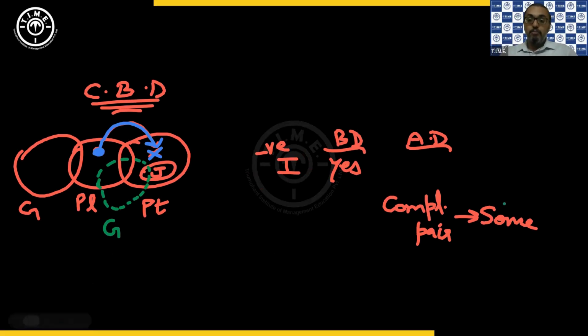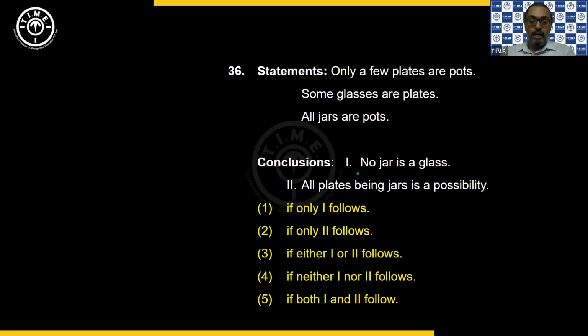Now, along with that, I am able to satisfy my complementary pair. That means the given negative will never be your answer anymore because I am able to satisfy. Correct? So, you can definitely say conclusion 1 does not follow.